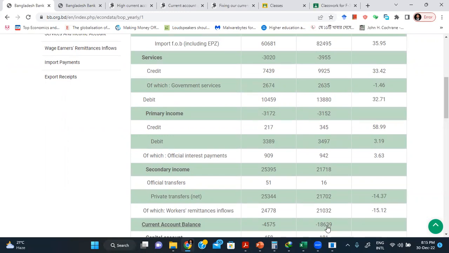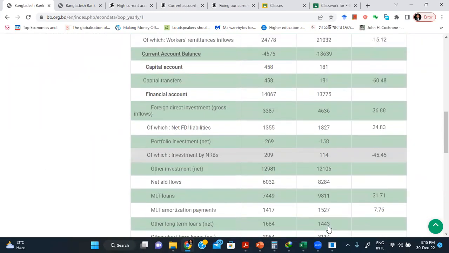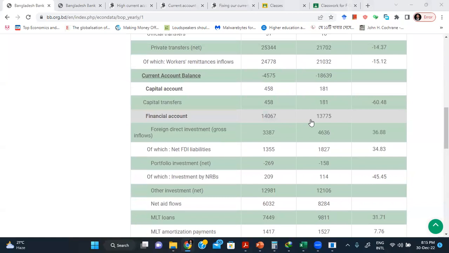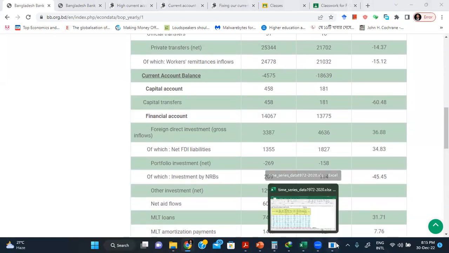You see this minus $18 billion. And if you look at the financial account balance, what do we see? About $13.7 billion.